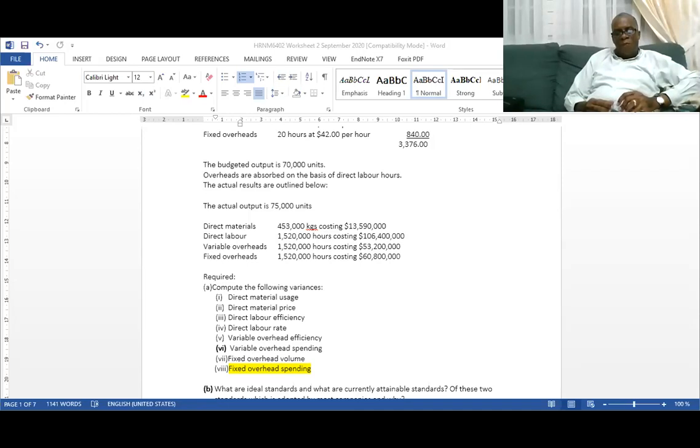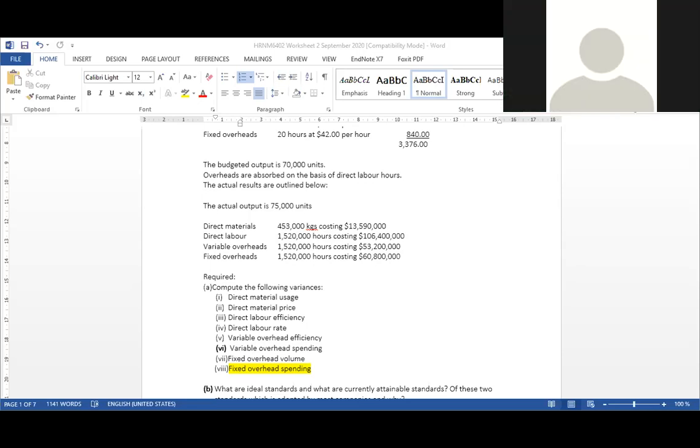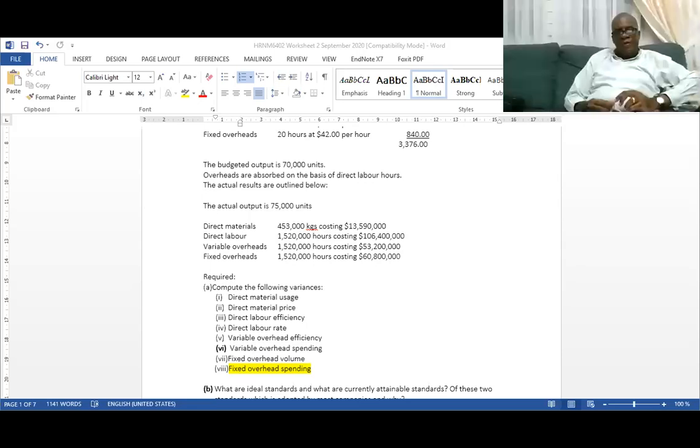Take the formula. It is actual fixed overheads minus budgeted fixed overheads.